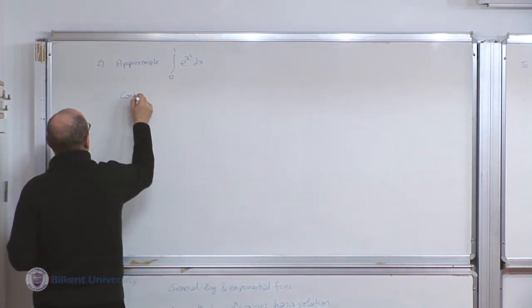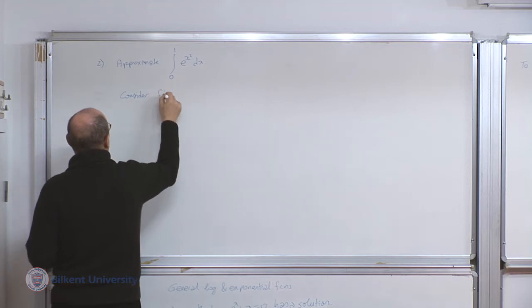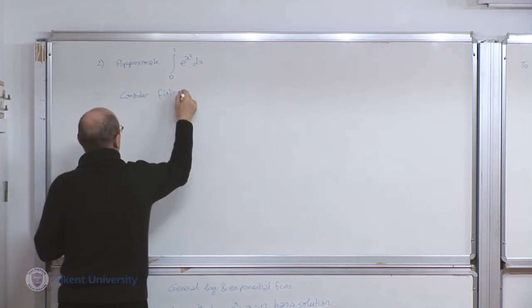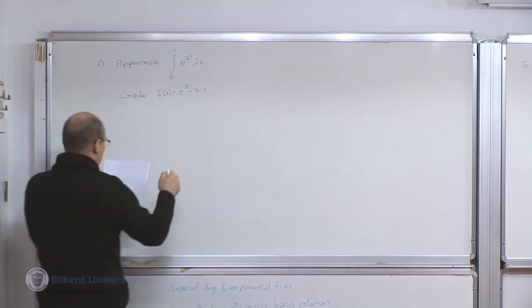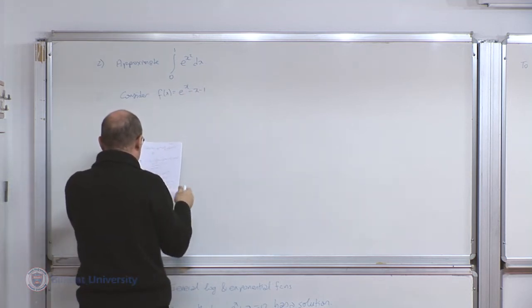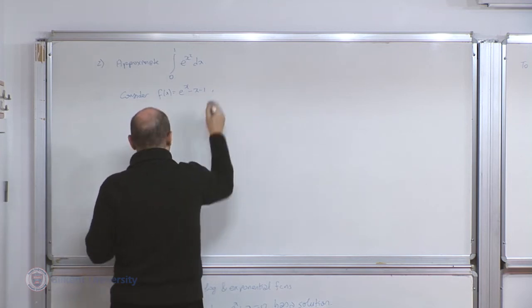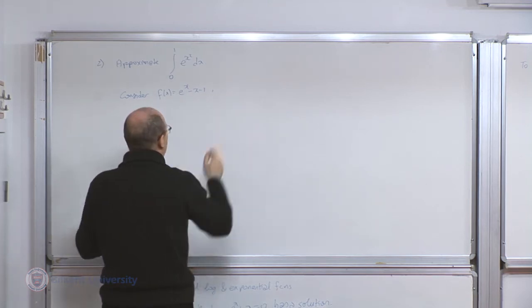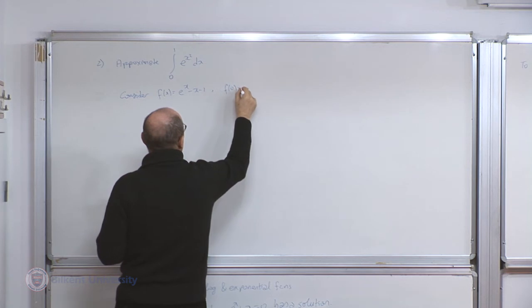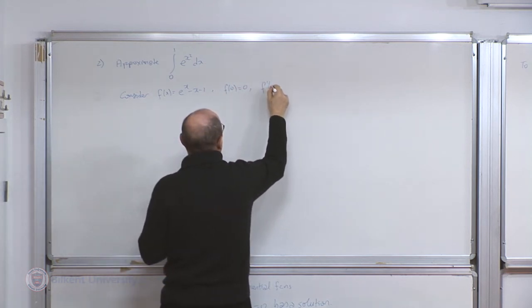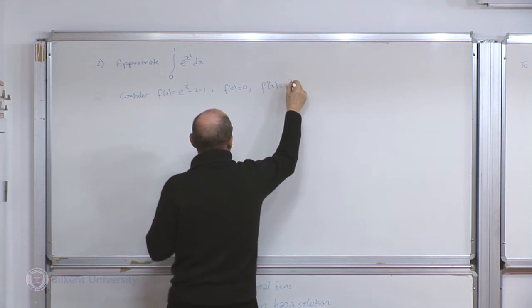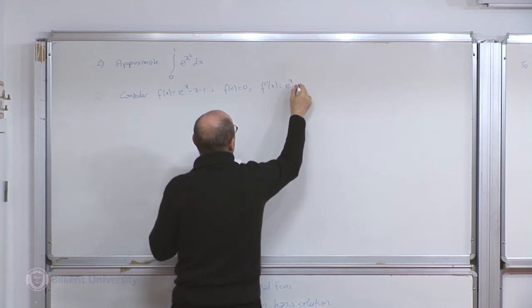consider the function f of x equals e to the x minus x minus 1. Okay, so f of 0 is 0. f prime of x is equal to e to the x minus 1.